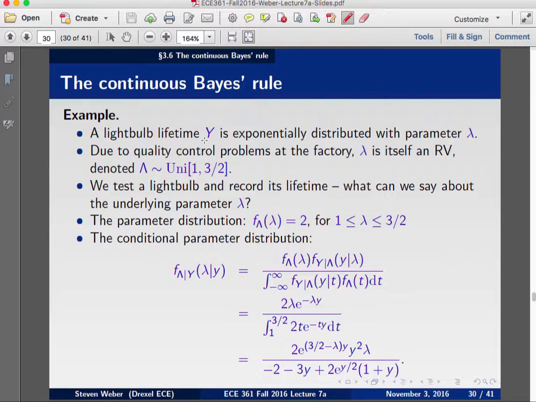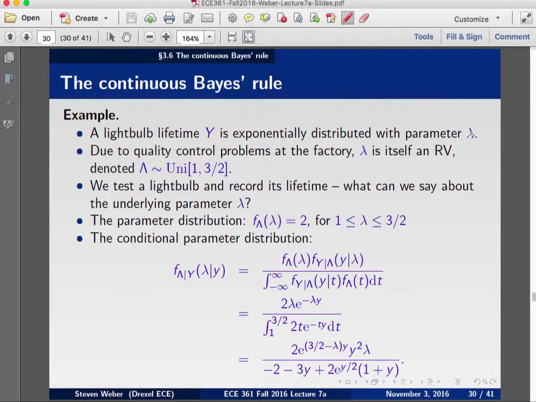So again, we're dealing with light bulbs that are assumed to be exponentially distributed with some parameter lambda. Recall the exponential distribution with parameter lambda has an expected value of 1 over lambda. So a high value of lambda is going to correspond to a short average lifetime. A low value of lambda is going to correspond to a higher average lifetime.